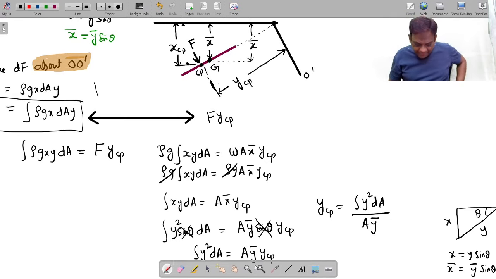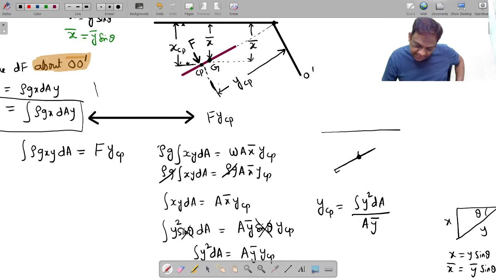Can you tell the meaning of y square dA? Please listen carefully. You have taken a very small area, and that area is dA.